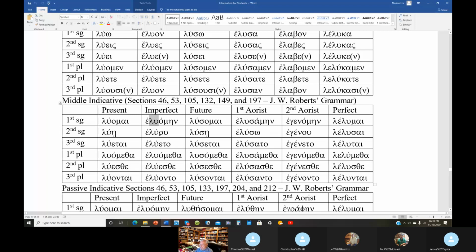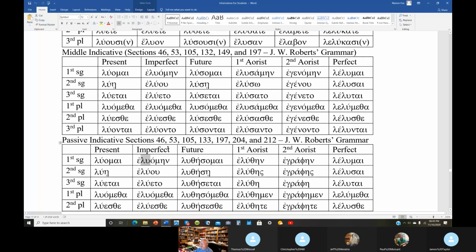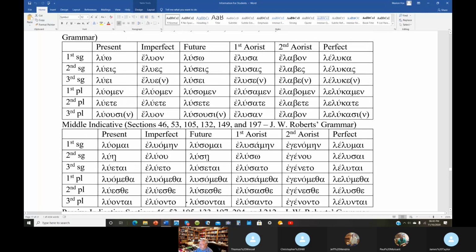So you just take your stem and add augment, omain, u, eto, omatha, esse, onto. Same endings down here for the passive voice. Take your stem, put an augment, omain, u, eto, omatha, esse, onto. Any questions? That's your rule. That's always going to work with your imperfect. Any questions? It's regular as it can be. Okay. Now let's go back to the next one.